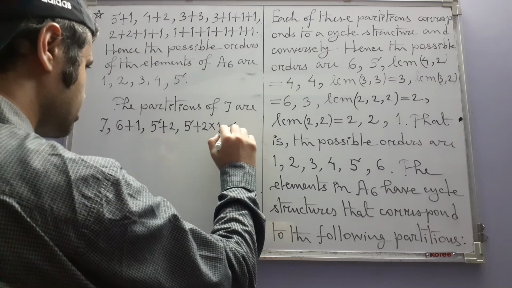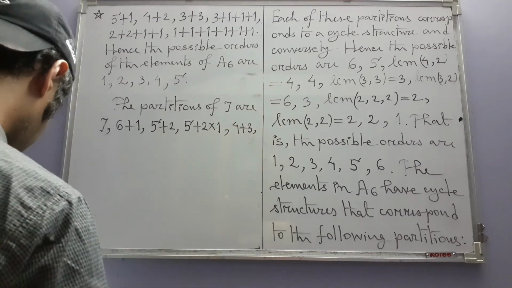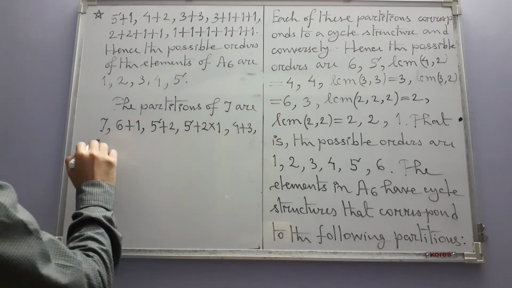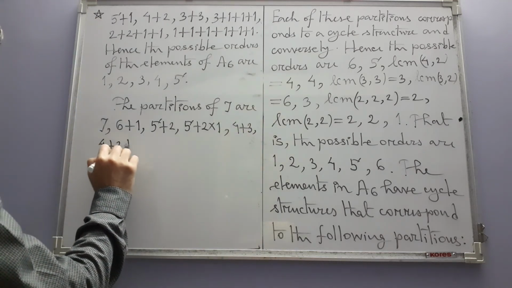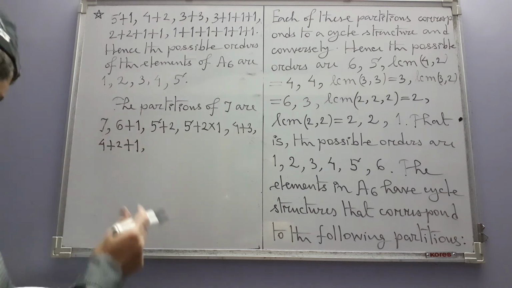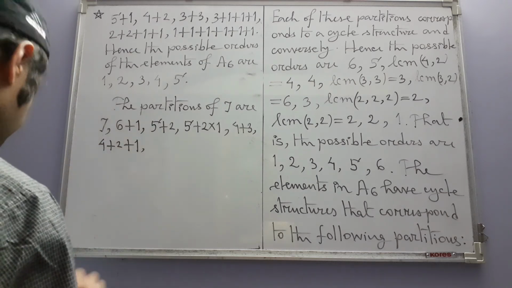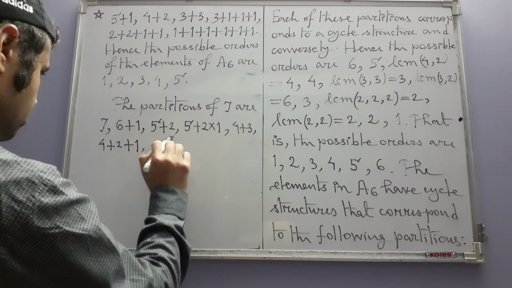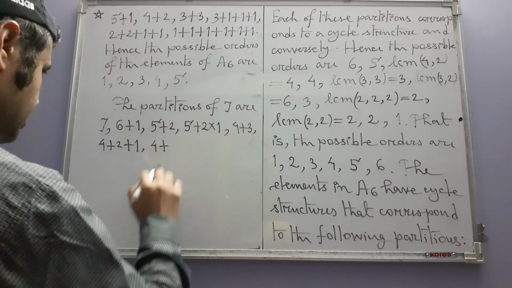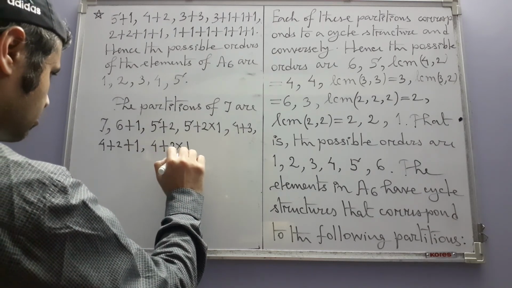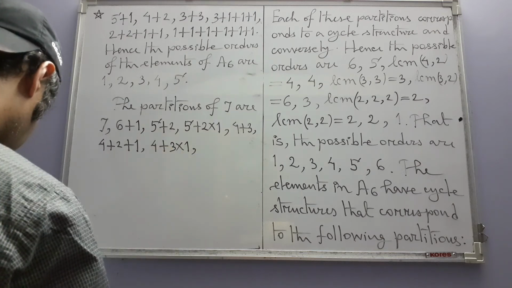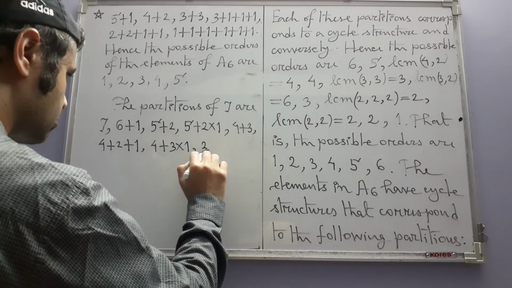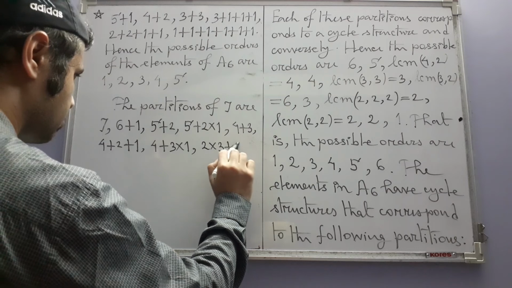Then 4 plus 3, then 4 plus 2 plus 1. If the numbers are different, we have to write them. Then 4 plus 3 ones, then 2 times 3 plus 1.